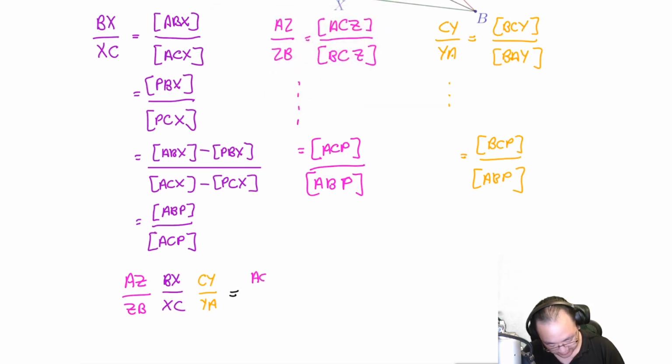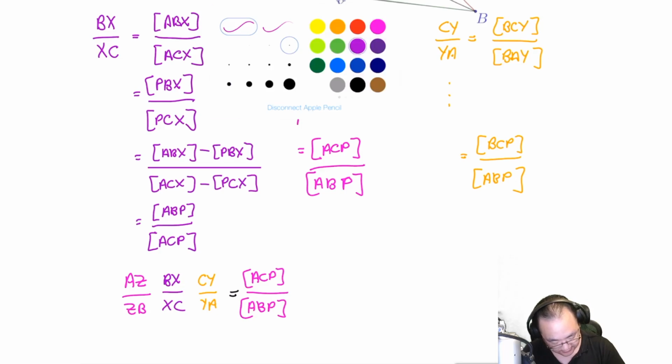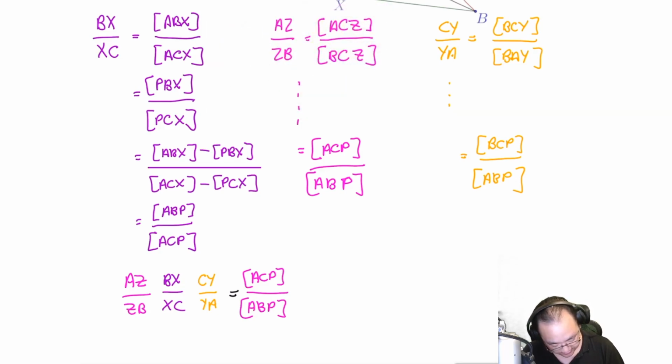So ACP over ABP, and then the second one BX over XC is going to be ABP over ACP. Then the last one is CY over YA, which is going to be BCP over ABP.